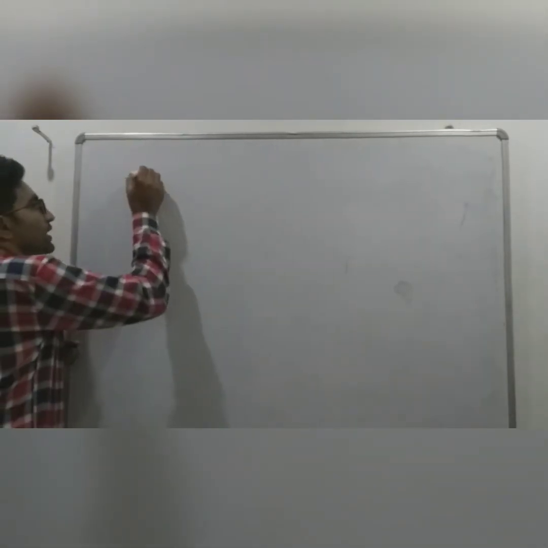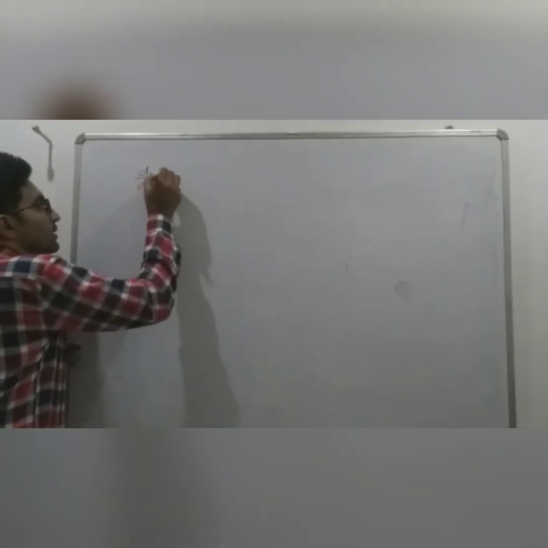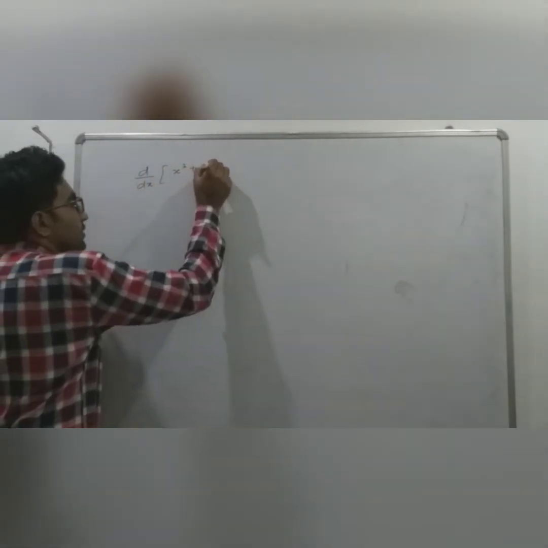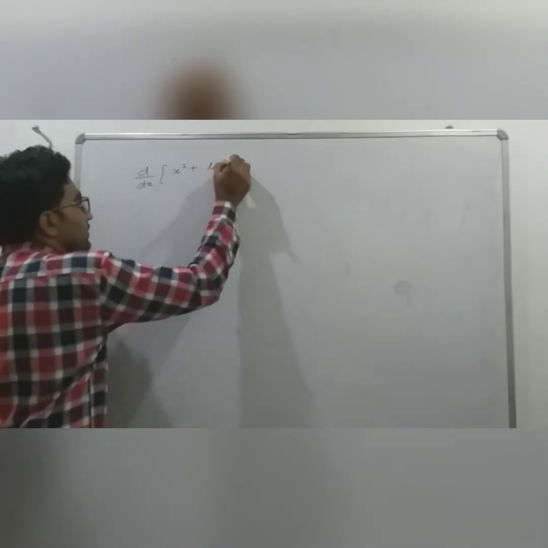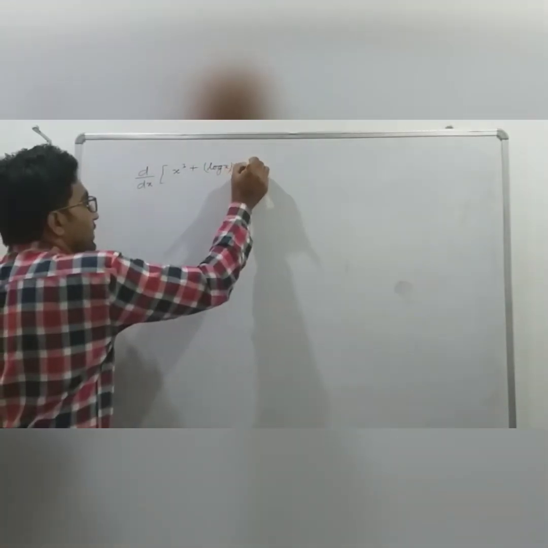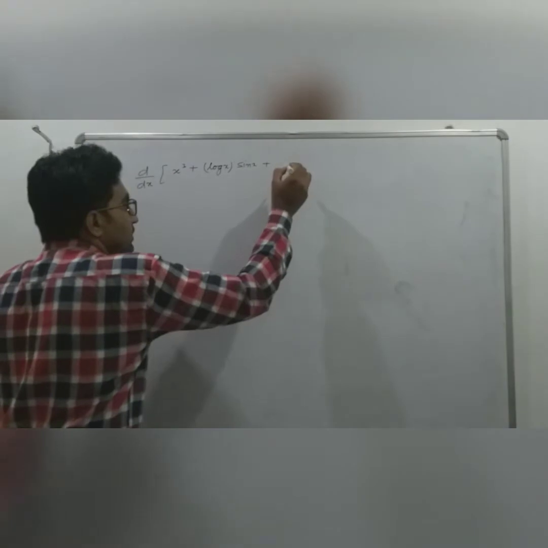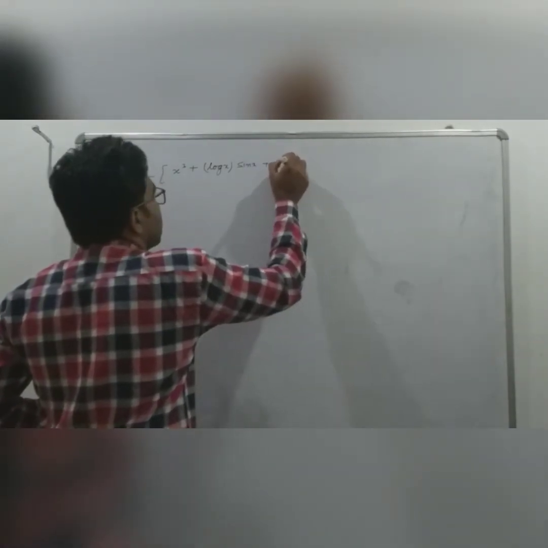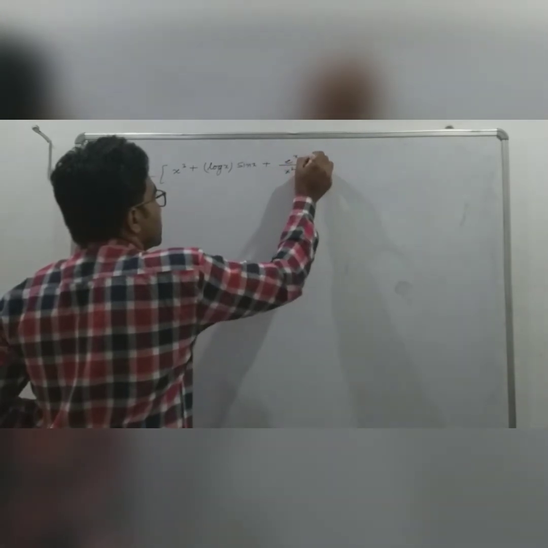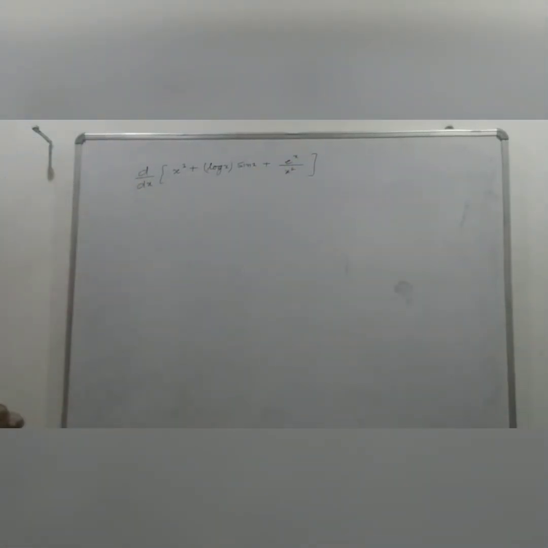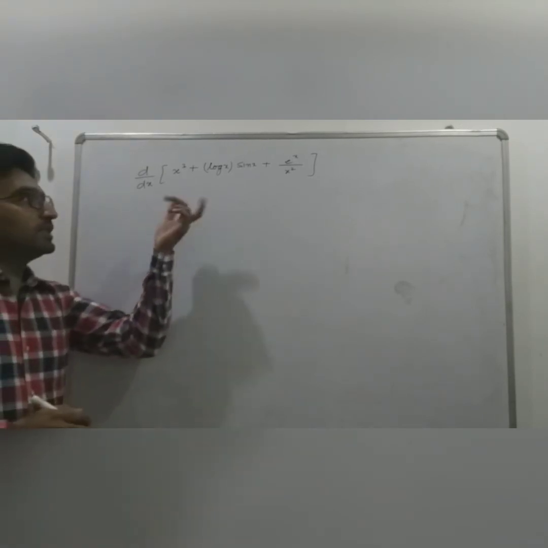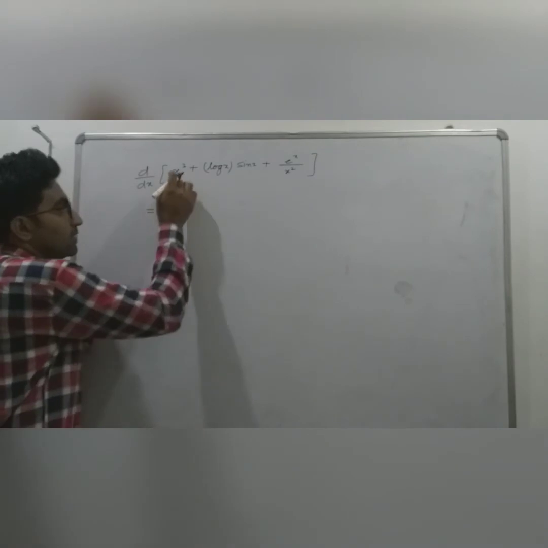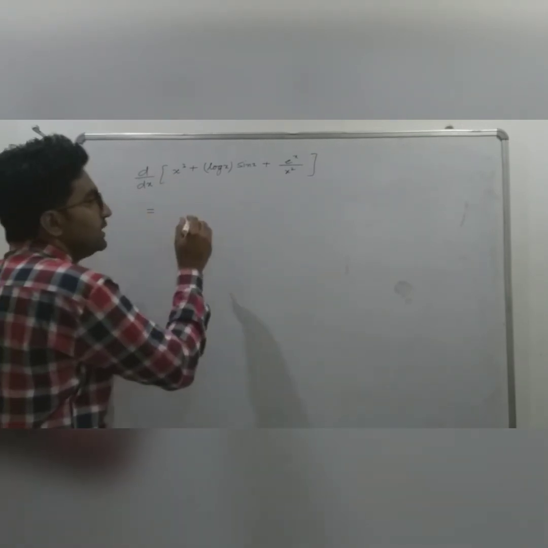Suppose we have to find d by dx of x³ + log x · sin x + exponential x divided by x². We have to find the differentiation of this term, and we will solve it one by one. First, apply the differentiation on each term.